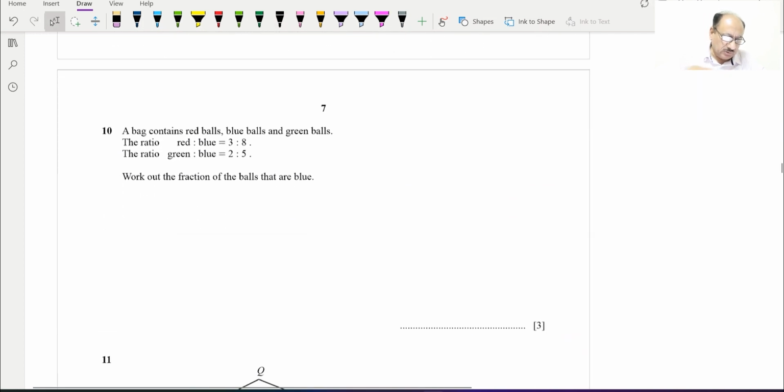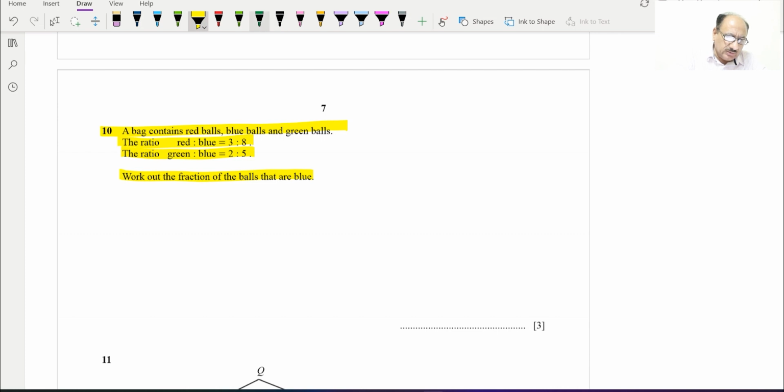Now here comes question number 10, and question number 10 says a bag contains red balls, blue balls, and green balls. The ratio of red and blue is 3 to 8, and the ratio between green and blue is 2 to 5. Work out the fraction of balls that are blue.